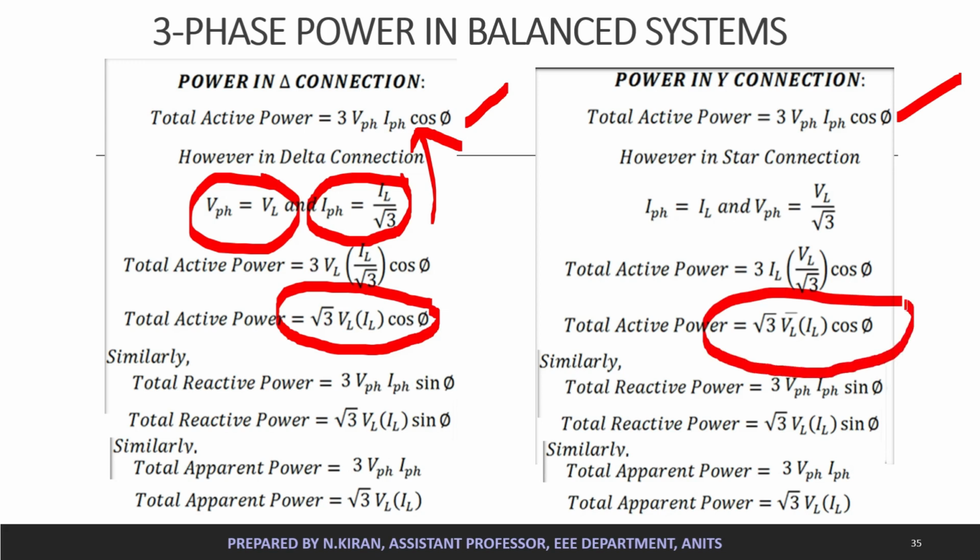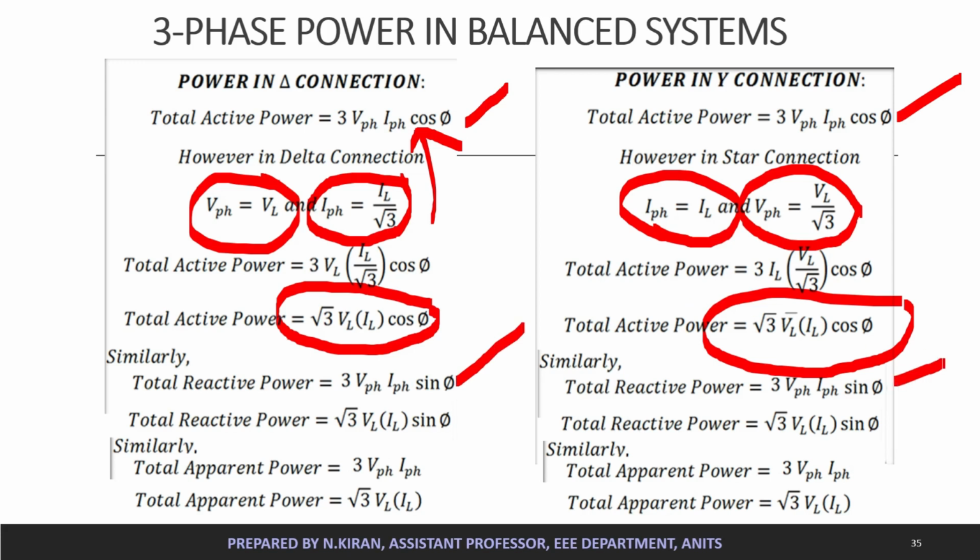Similarly, in case of star connection, if I place the relation I phase is equal to IL and V phase is equal to VL by root 3, then I'll get the same relation that I obtained in delta connection. Similarly, reactive power in terms of phase values is nothing but 3 into V phase I phase sin phi in both star as well as delta.